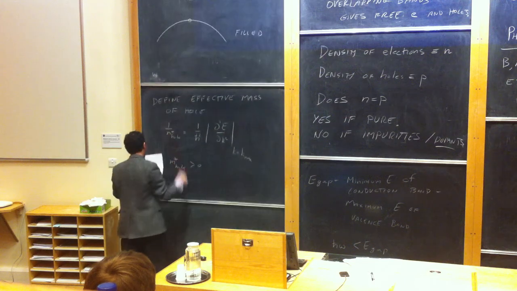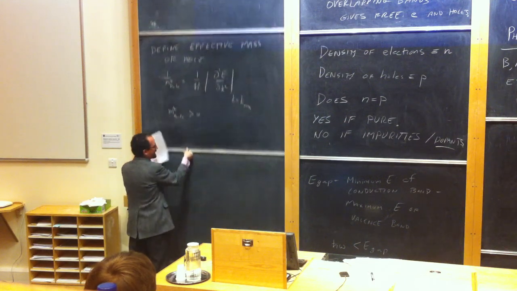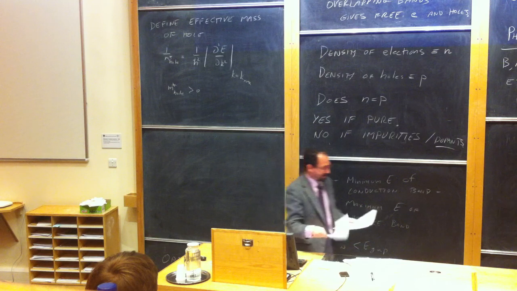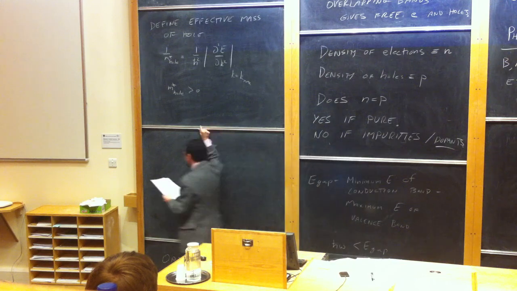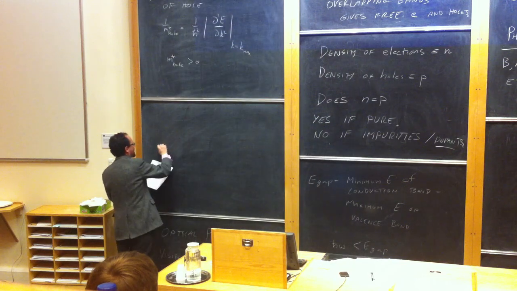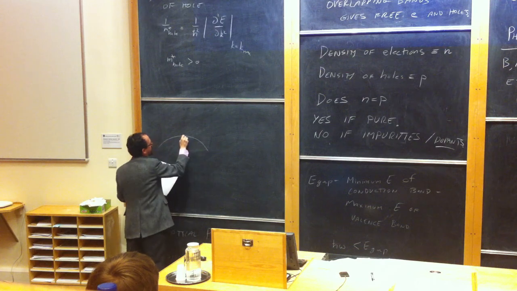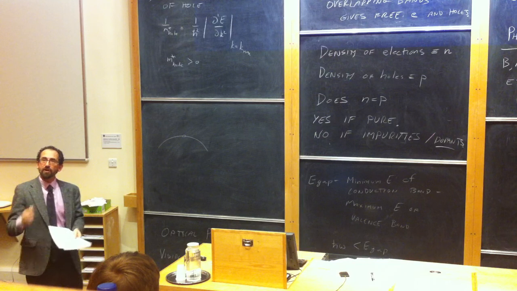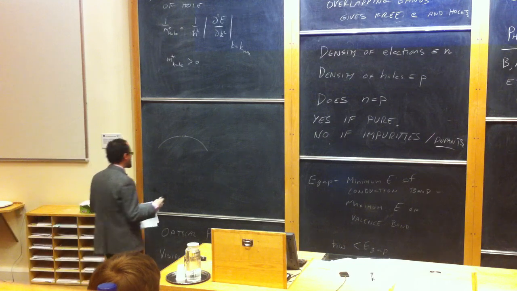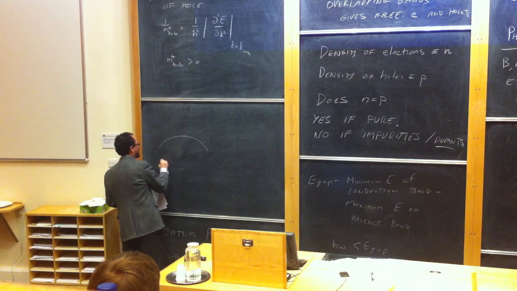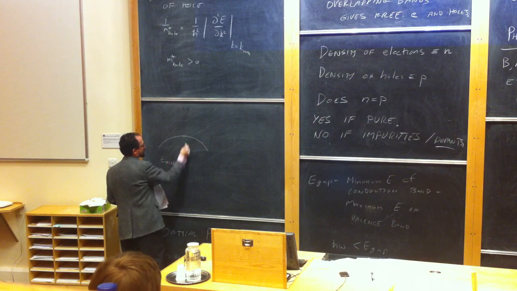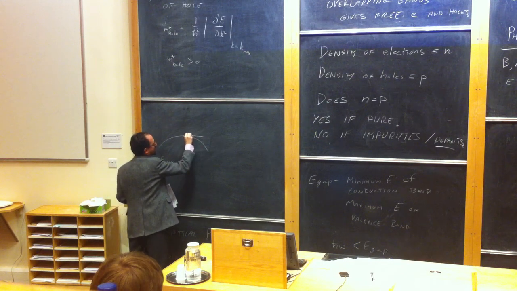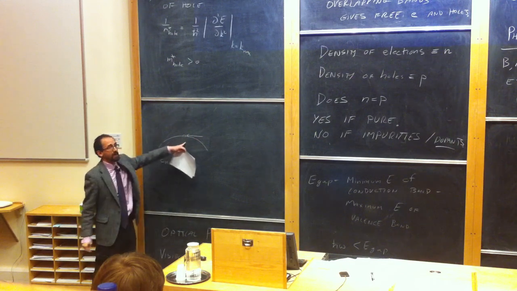So, let's see if I can do this. I'm just going to draw the valence band here. First we should ask, where in the valence band do you put the hole in order to have the minimum possible energy? Well, E min occurs when the hole is on the top of the valence band, right?